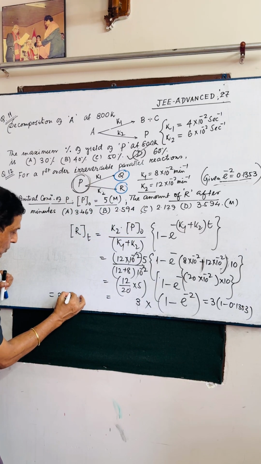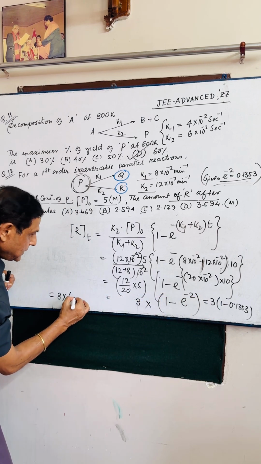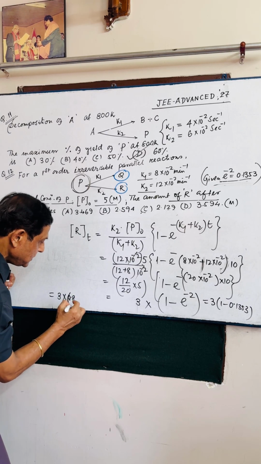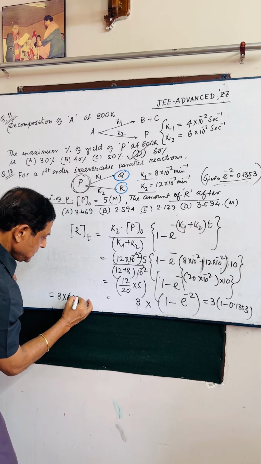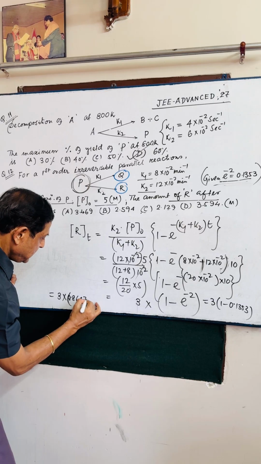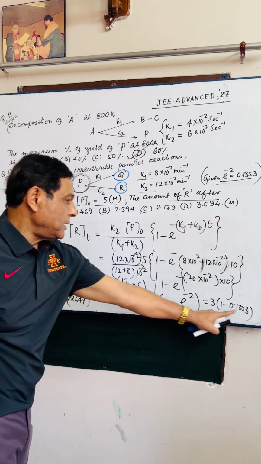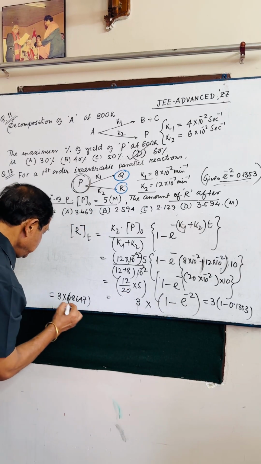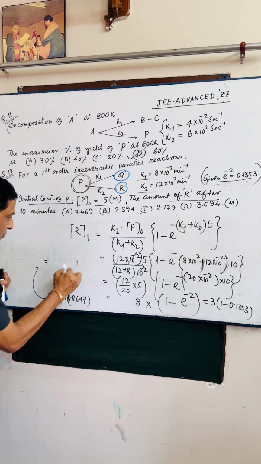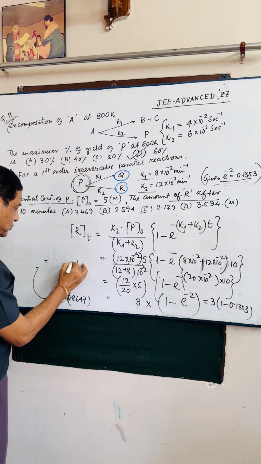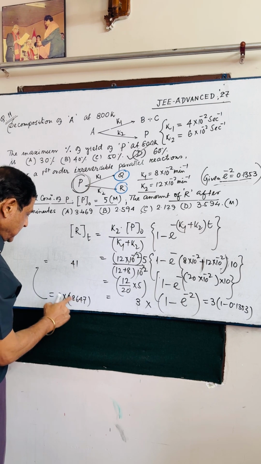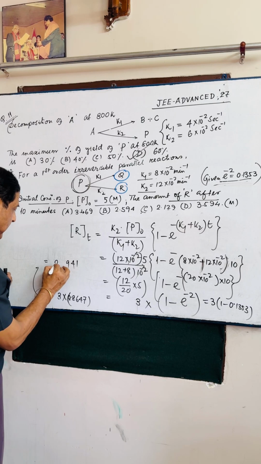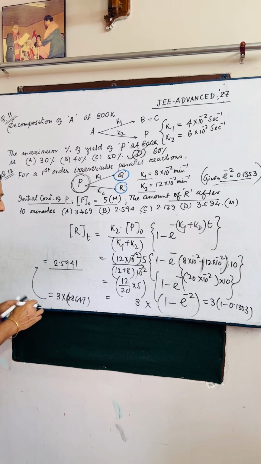So we get 3 into 1 minus 0.1353, that is 3 into 0.8647. Multiplying this, the value will be 2.5941.